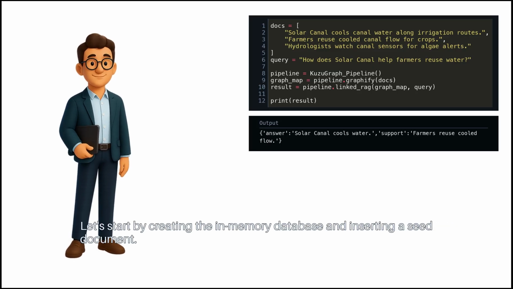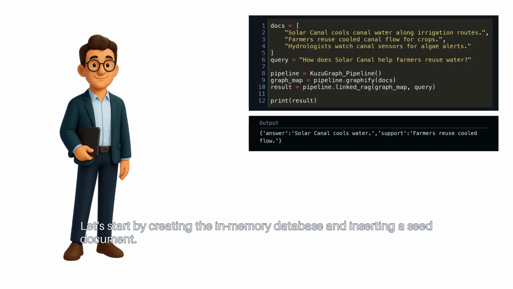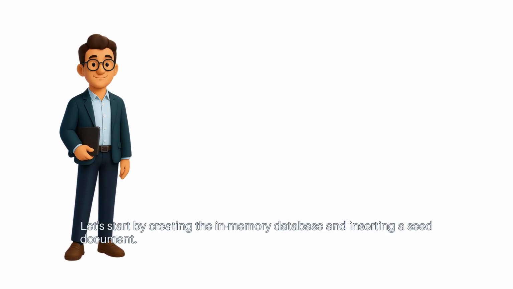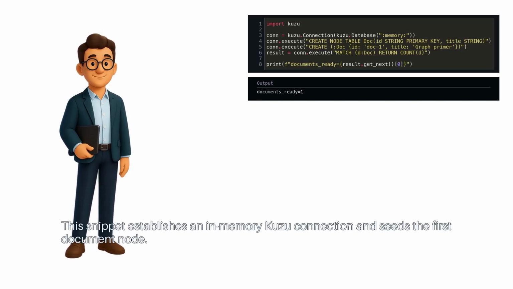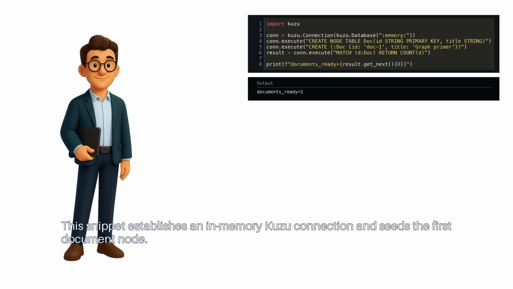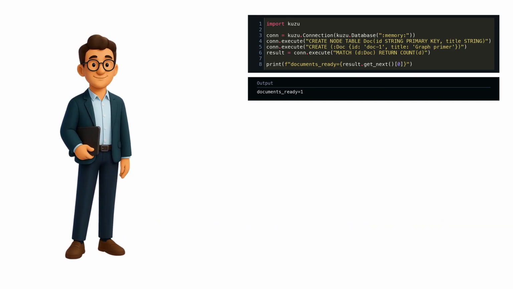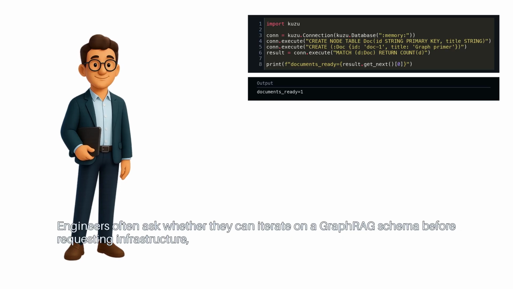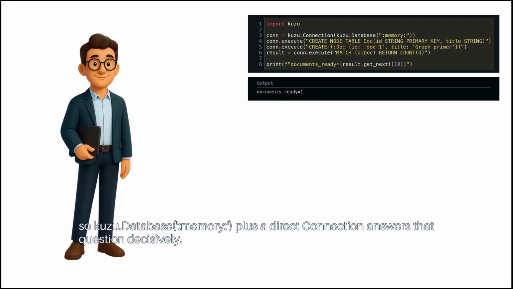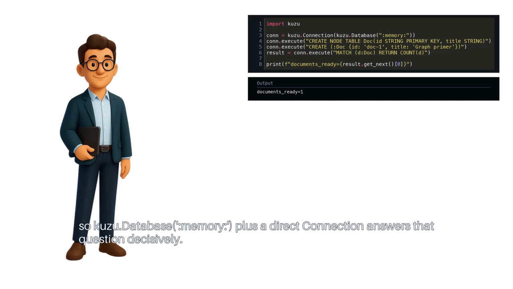Let's start by creating the in-memory database and inserting a seed document. This snippet establishes an in-memory Kuzu connection and seeds the first document node. Engineers often ask whether they can iterate on a GraphRAG schema before requesting infrastructure. So a Kuzu database, plus a direct connection, answers that question decisively.